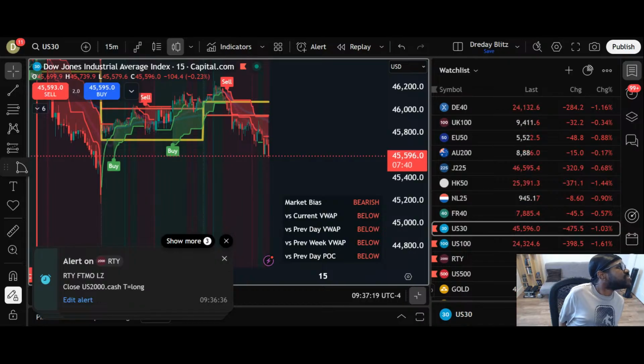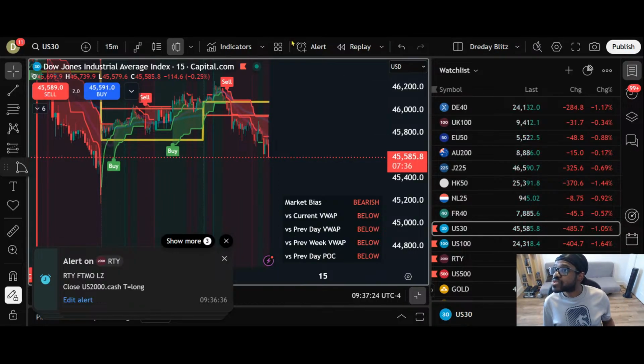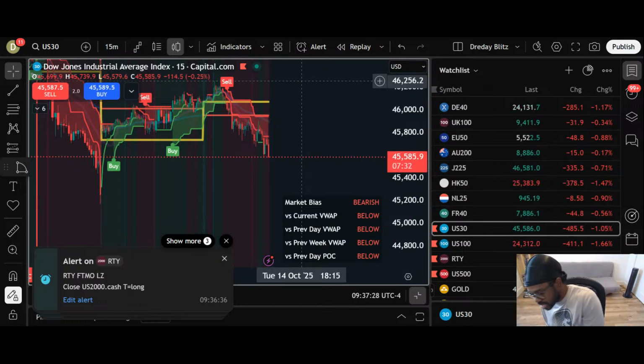All right, so we have US30 for a sell and Russell for a sell. So those are the two signals for now. So we have a continuation here on the downside for those two.